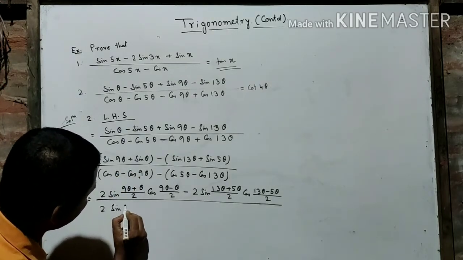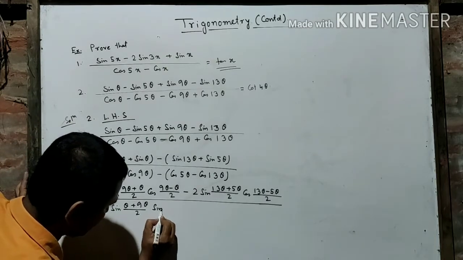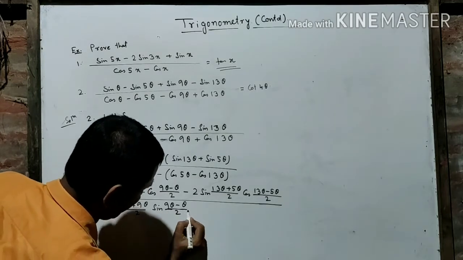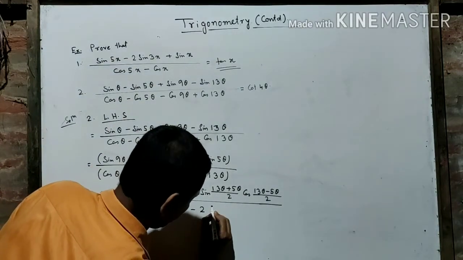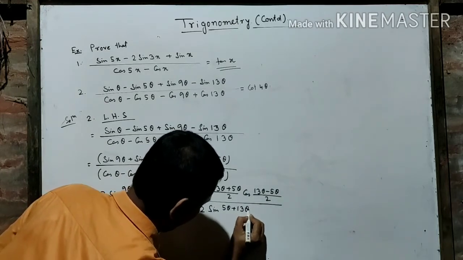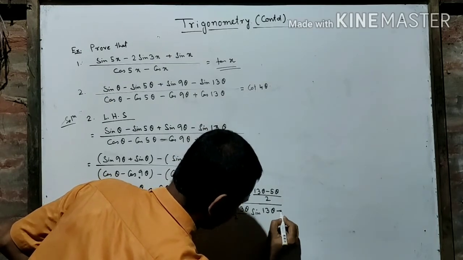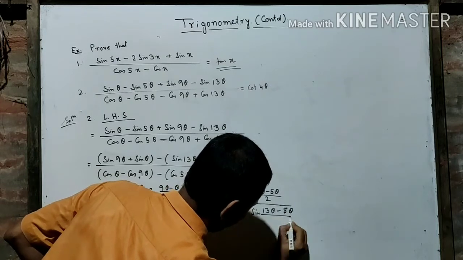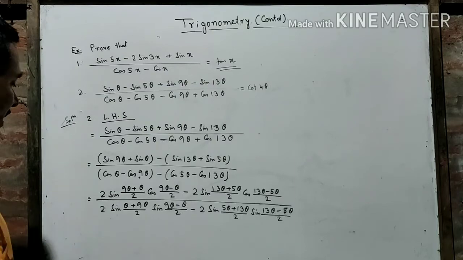Is 2 sin c plus d divided by 2 into sin d minus c, okay, mark it, d minus c divided by 2 minus 2 sin c plus d divided by 2 into sin d minus c divided by 2.